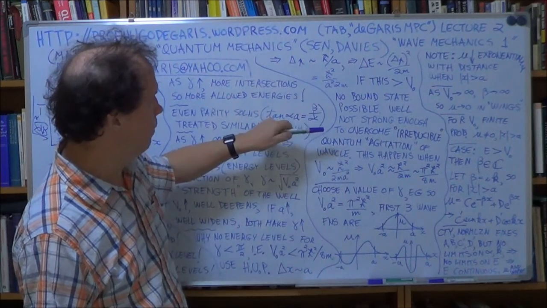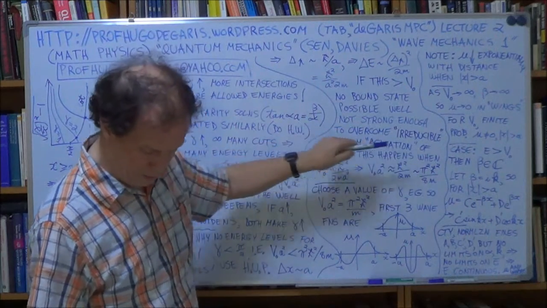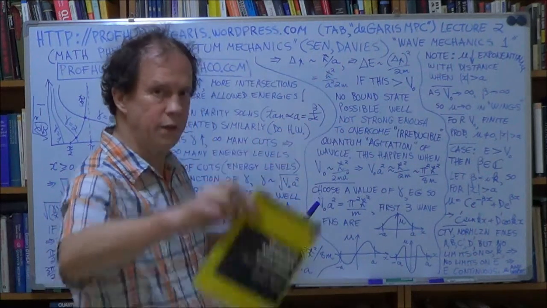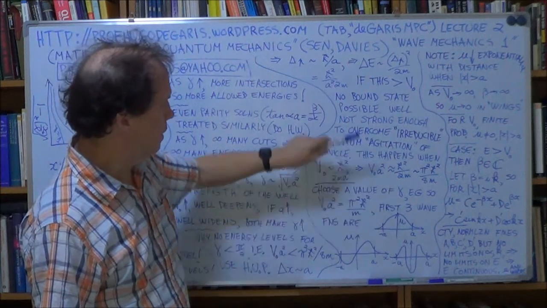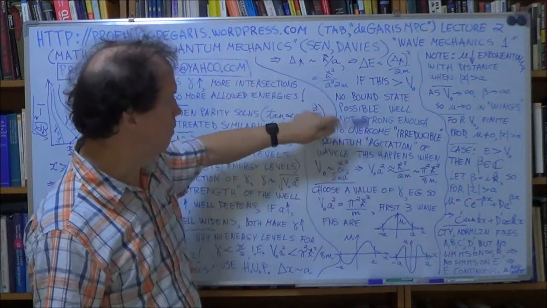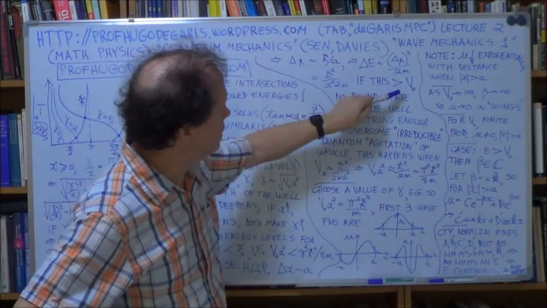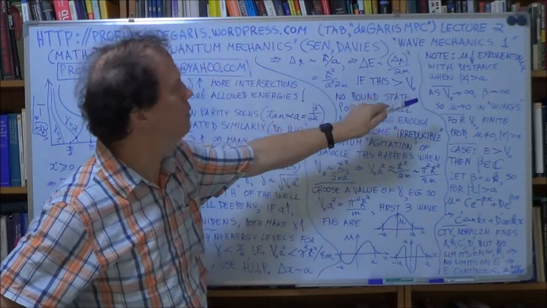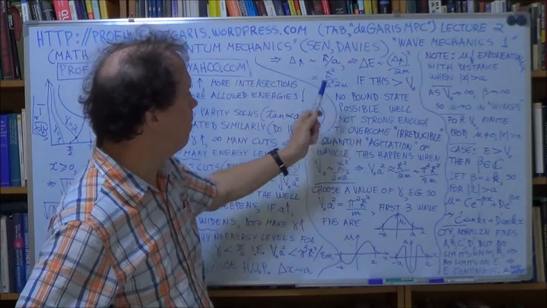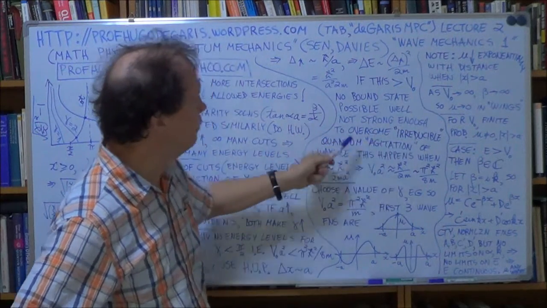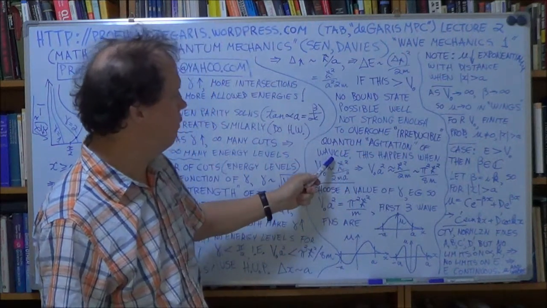So in other words, another way of speaking is, and I'm quoting here from Davies' text, because it brings in a little bit of philosophy as well, which I'll mention in a minute. Okay, so if this uncertainty in the energy is larger than the depth of the potential well, V naught, then to quote Davies, that well is not strong enough to overcome the irreducible quantum agitation of the wavicle.